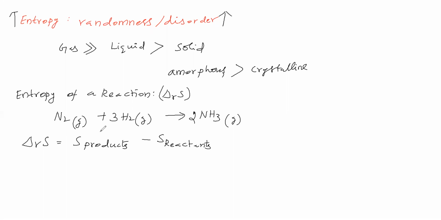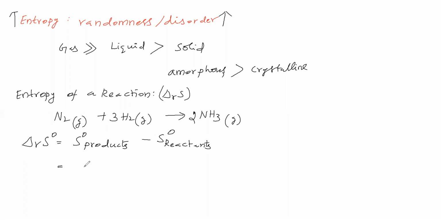Entropy of a reaction is equal to entropy of products minus entropy of reactants. Now we will take standard entropy of reaction equal to standard entropy of products minus standard entropy of reactants.